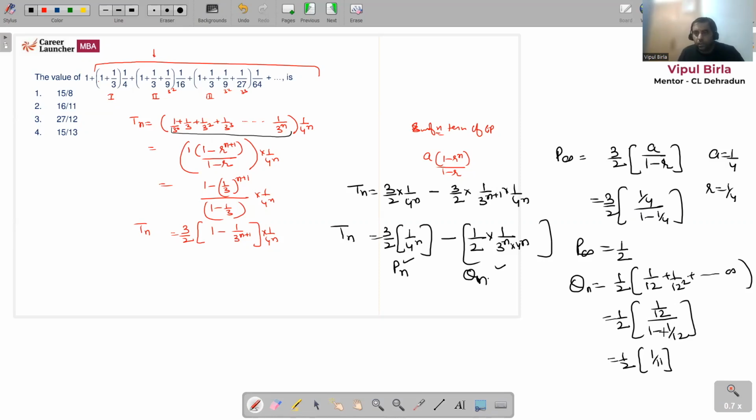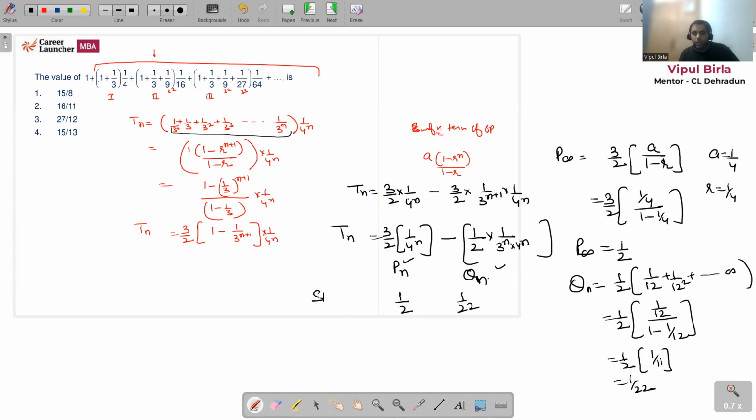So that comes out to be nothing but 1 by 22. So P infinity is 1 by 2, and Q infinity is 1 by 22.